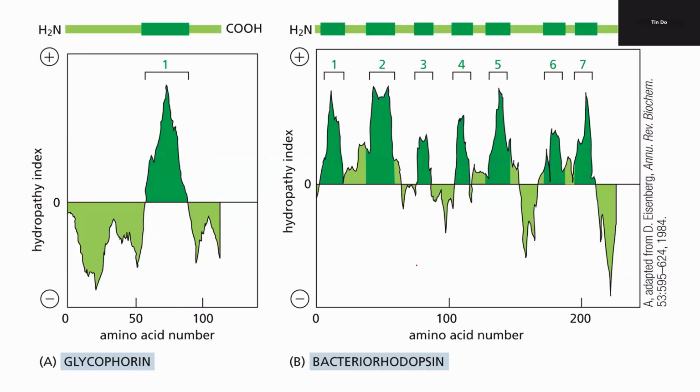So we can see that on this amino acid chain, let me get my pen out here, on this amino acid chain, we have one transmembrane region because it's a hydrophobic region. It's going to pass through the membrane at this specific area. And then that's pretty much it. So this hydropathy index shows how many regions on an amino acid chain there is that passes through a membrane.